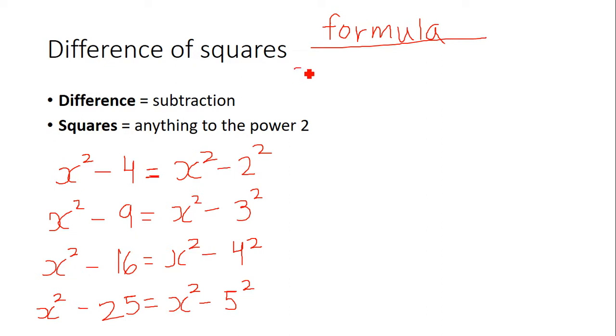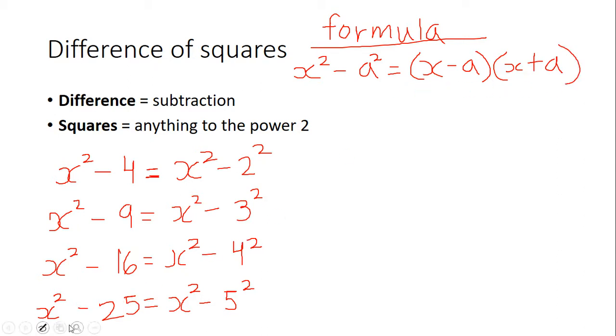The difference of squares formula says that x squared minus a squared, where a represents a number, is going to be equal to, open bracket, x minus a, close bracket, open bracket, x plus a, close bracket. That's what the formula says, and you must know that.